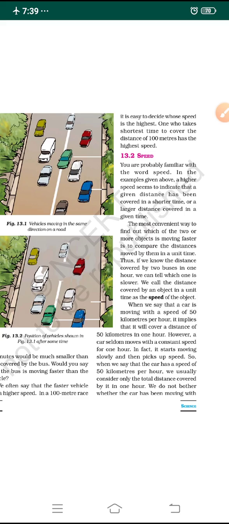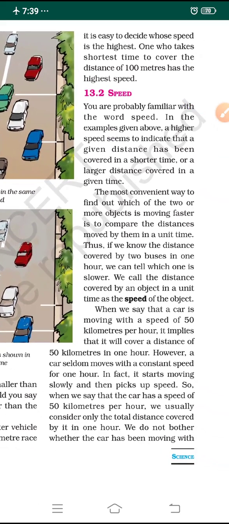So the most convenient way to find out which of two or more objects is moving faster is to compare the distances moved by them in a unit time or given time. Thus, if we know the distance covered by two buses in 1 hour, we can tell which one is slower and which one is faster. We call the distance covered by an object in a unit time the speed of the object.